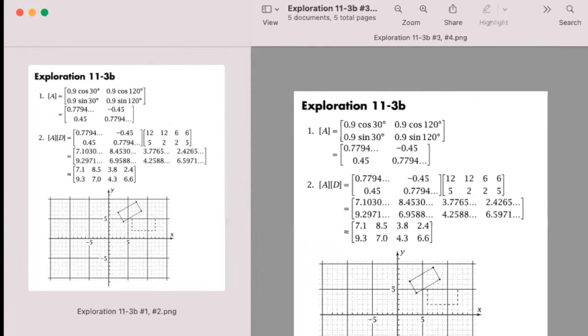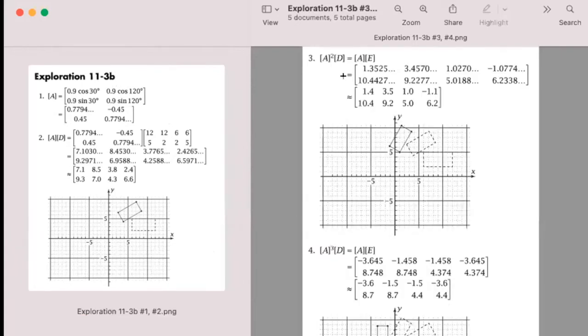Remember that multiplication of matrices is associative, so there's no reason you can't multiply the two A's together first. A squared times D. And then if you're going to do it a third time, it's A cubed times D.